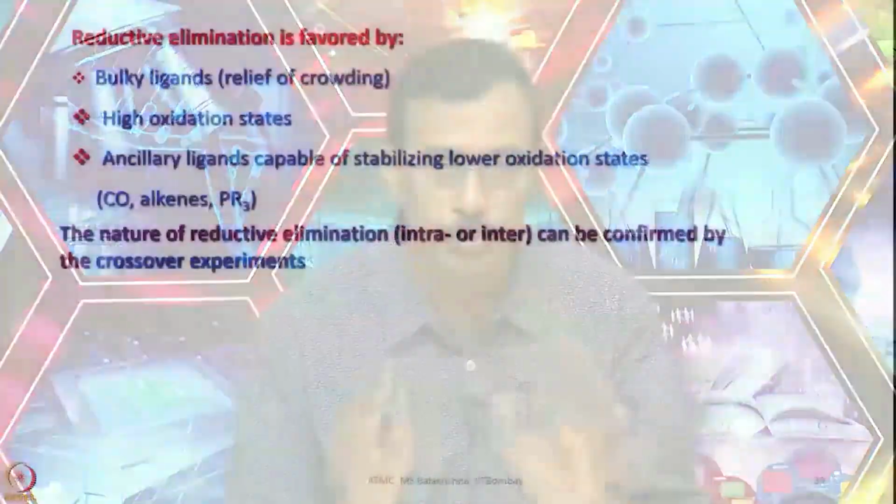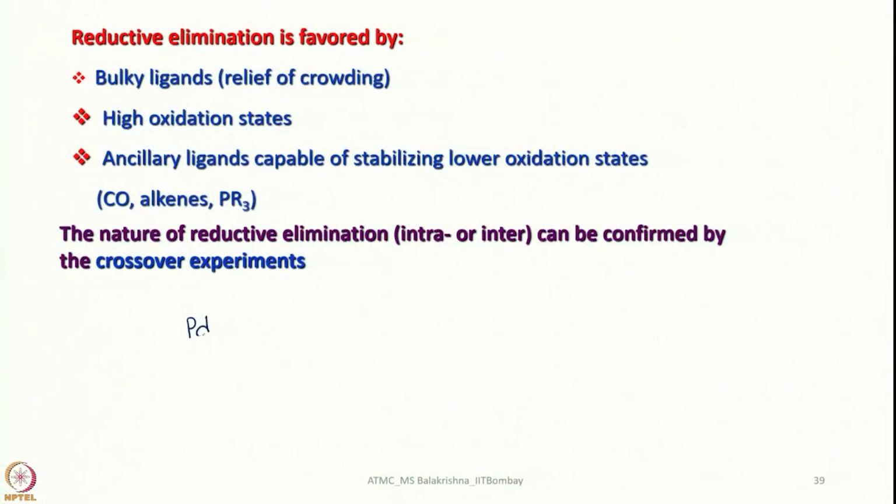Let us consider two species. Again I am considering bis tertiary phosphine having two methyl groups. In one case it is deuterated and in another case it is simple methyl groups.